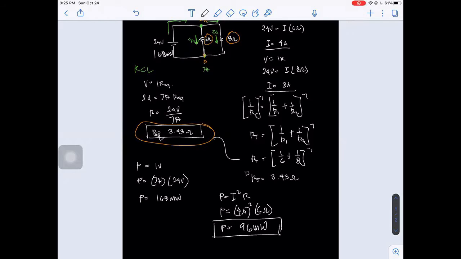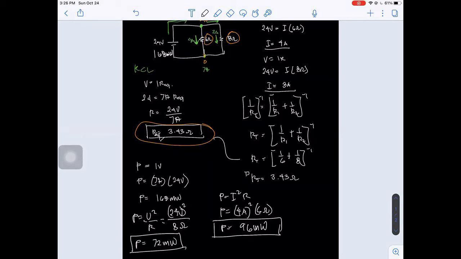For the second resistor, let's use the other formula, V squared over R. Since the voltage drop across each resistor connected in parallel is the same, we have 24 volts squared over 8 ohms resistance. So power is equivalent to 72 milliwatts.